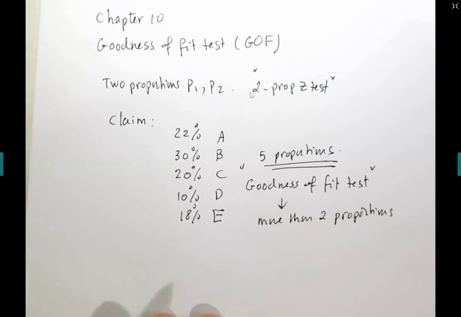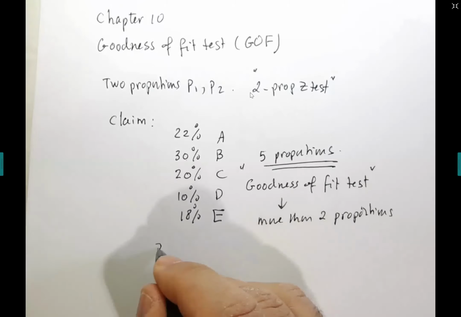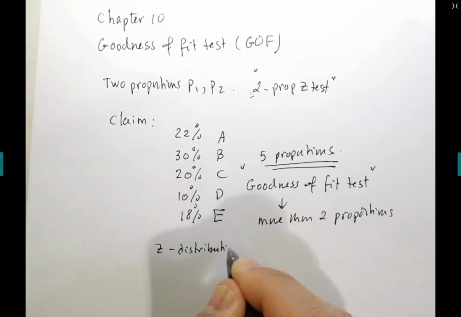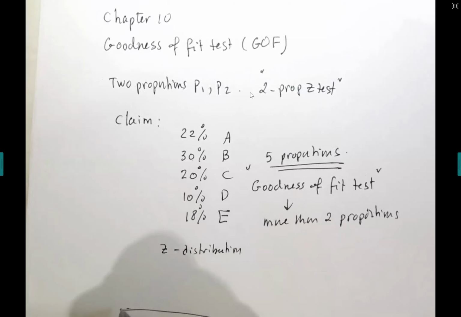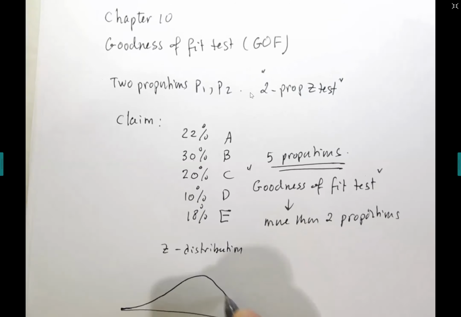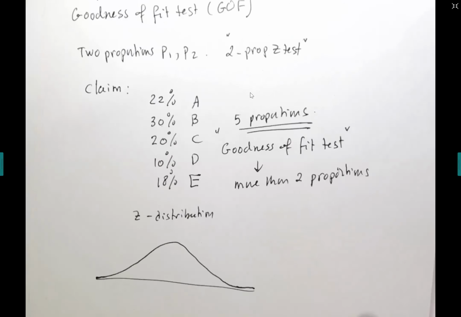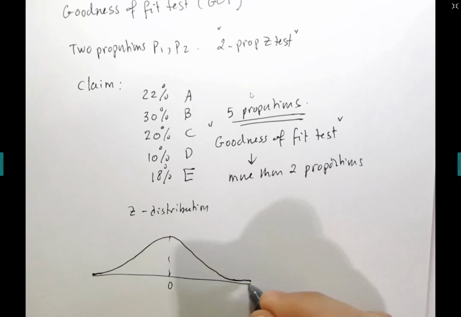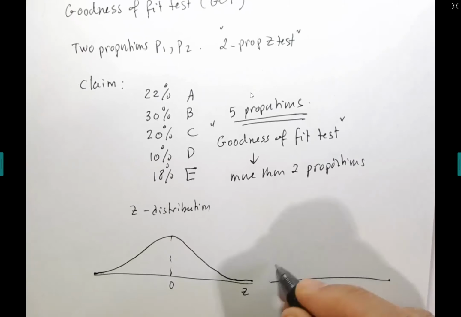In the previous chapters, guys, we used the Z distribution, which looks like this. This is the 0. The tails are almost touching. This is the Z. We use the T distribution.